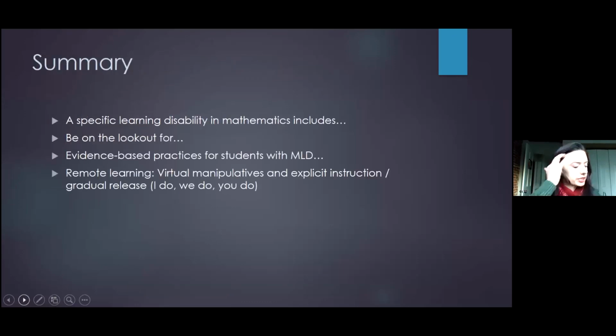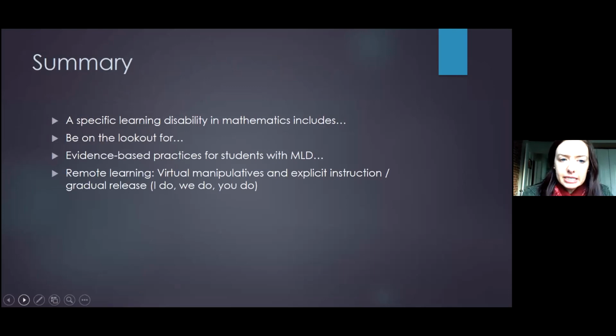So just to summarize, what should we be looking for? Well, a student that has a specific learning disability in math could have difficulty with number sense, facts, math calculations, and/or math reasoning. We want to be on the lookout for all those examples I showed in terms of patterns, error patterns.